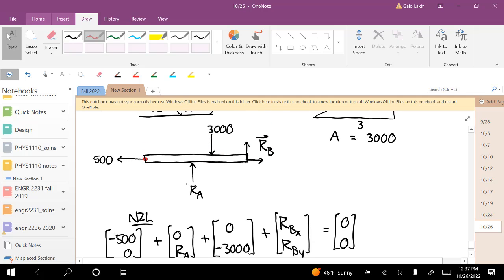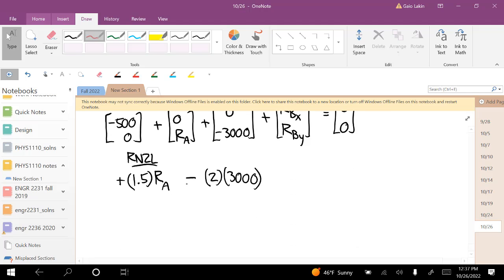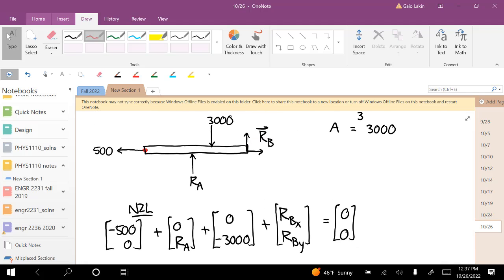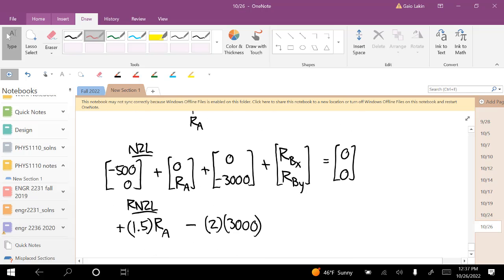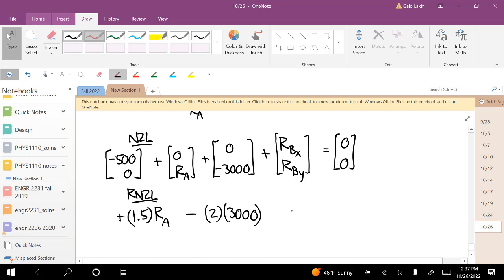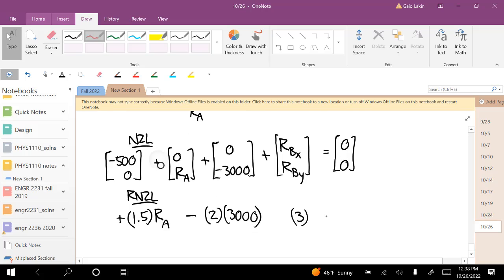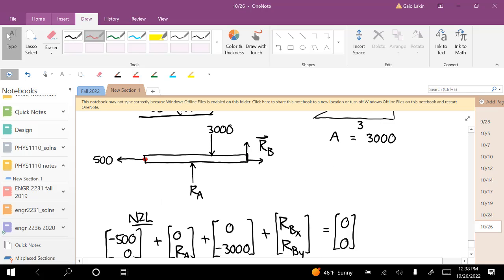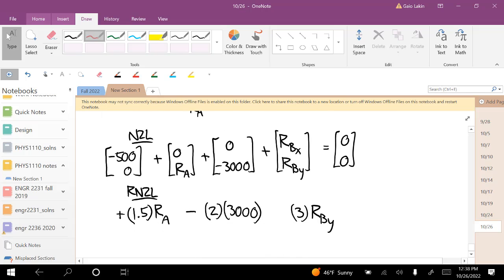And then there won't be any moment from RBX, but from RBY there is. What's the moment arm for RBY? 3. You can tell it's that because I was starting to write it. And then, so RBY, and is that positive or negative? Positive, yep.